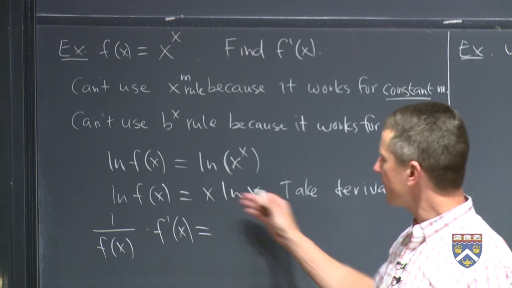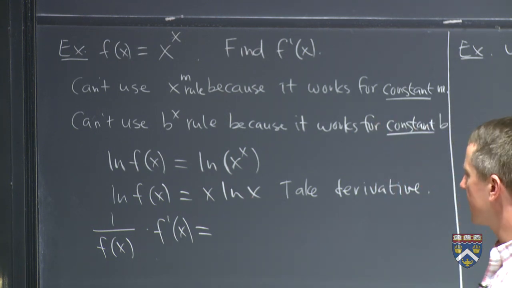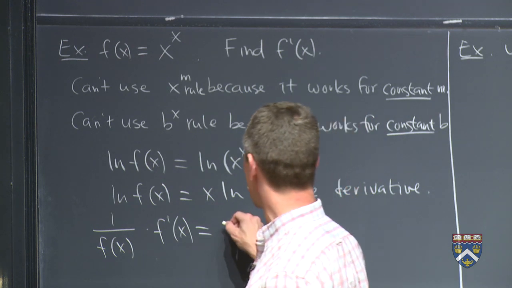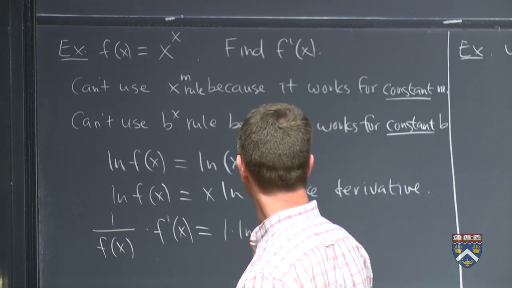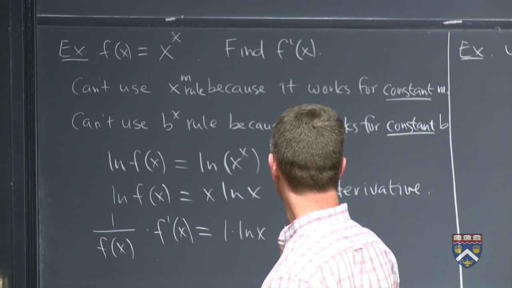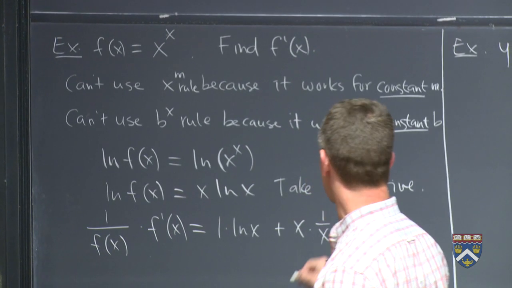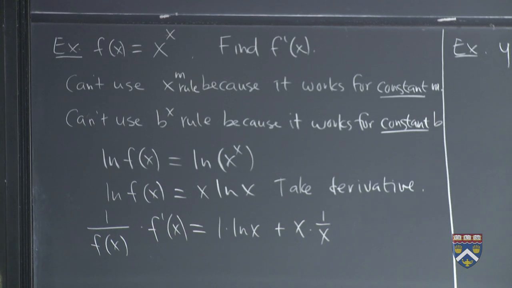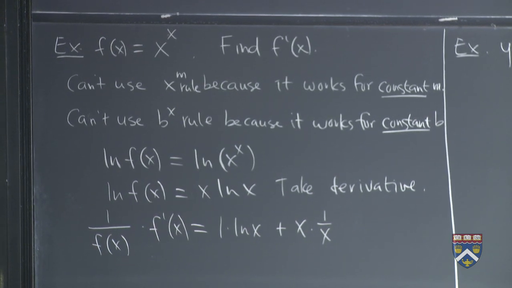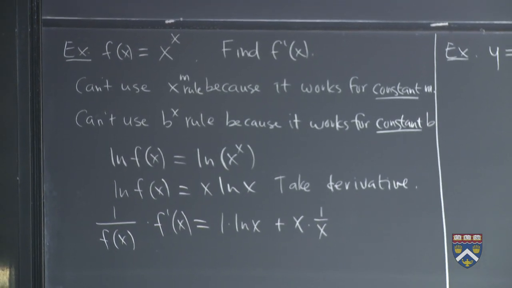And remember, f prime of x is exactly what we're trying to find. And what rule will we need on the right side? We'll need the product rule. So the derivative of x is 1 times ln of x plus x times the derivative of ln of x, and the derivative of ln of x is 1 over x. Excuse me. And what are we trying to solve for here? We're trying to solve for f prime.